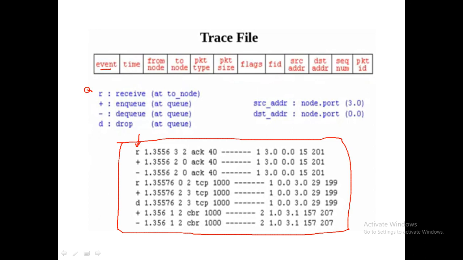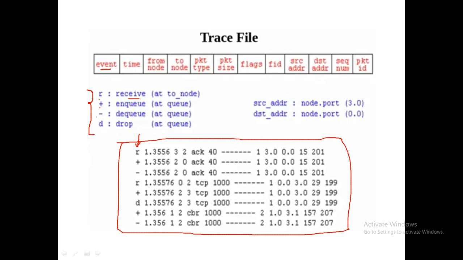In the event field, we have 4 types of events. R means receive, that is, packets you are going to receive. Plus means enqueue. Enqueue means packets are entering into a queue. Minus means dequeue, meaning packets are leaving the queue. If it is a queue, a packet has to go and be transmitted out of the queue, right?